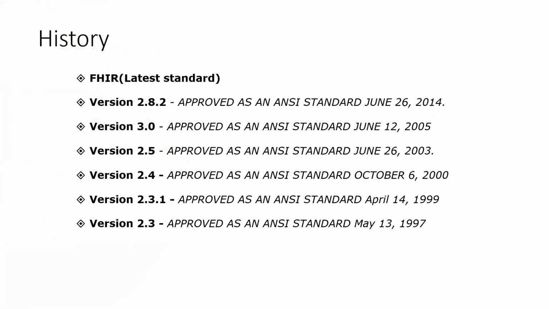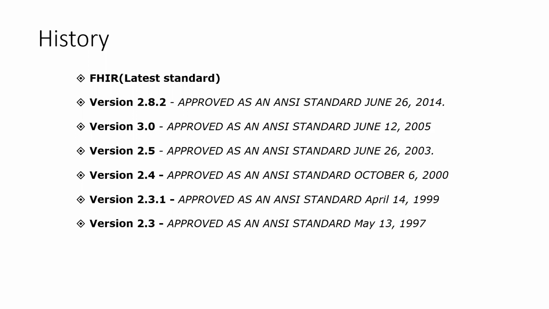Let's quickly take a look at the standards of HL7. We have many standards that were released. 2.3 was predominantly released in 1997. Though HL7 started in the 1980s to solve integration problems, an official version was released as 2.3 in 1997, and it was a very big hit because of the solutions it provided. Later, we had subsequent releases 2.3.1, 2.4, and 2.5.